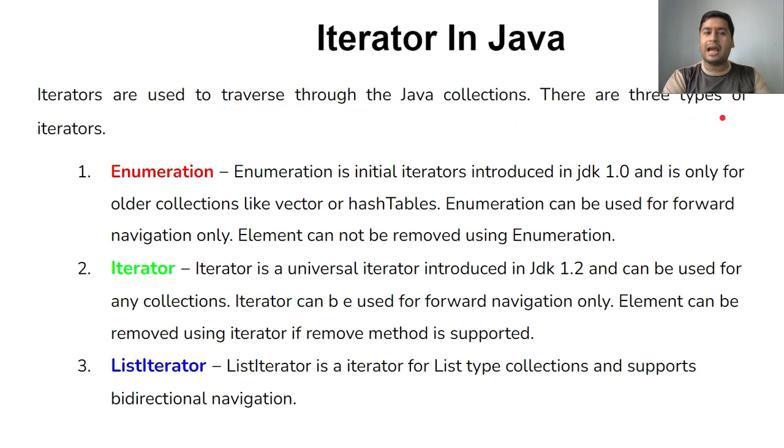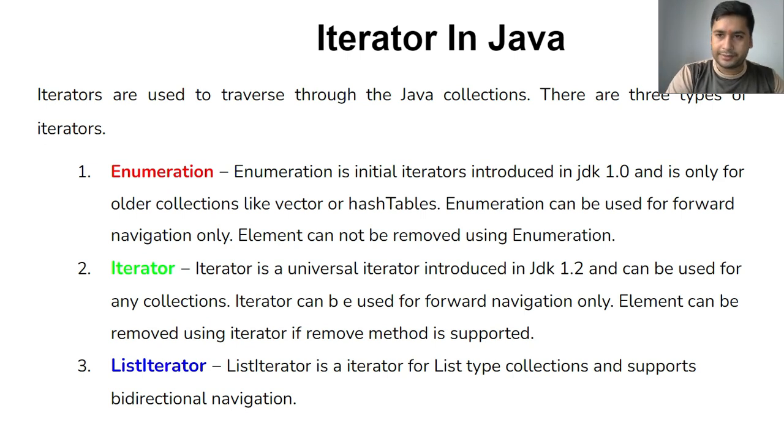There are three types of iterators in Java, and all three are important from the interview point of view, because in many interviews they will ask what an iterator is, what the types of iterators are, and how we can work with iterators. Those questions will come in the interview room.